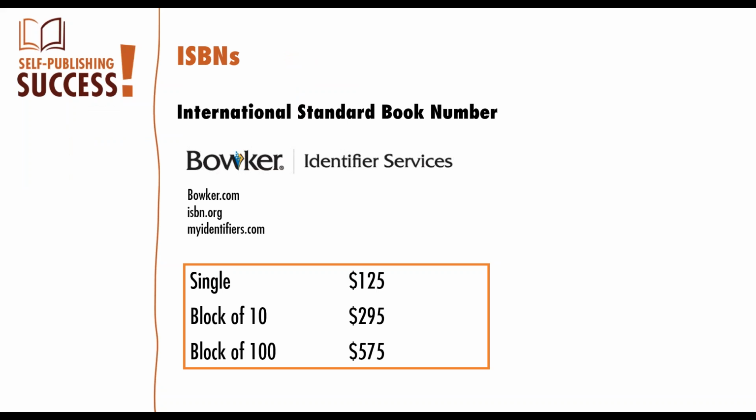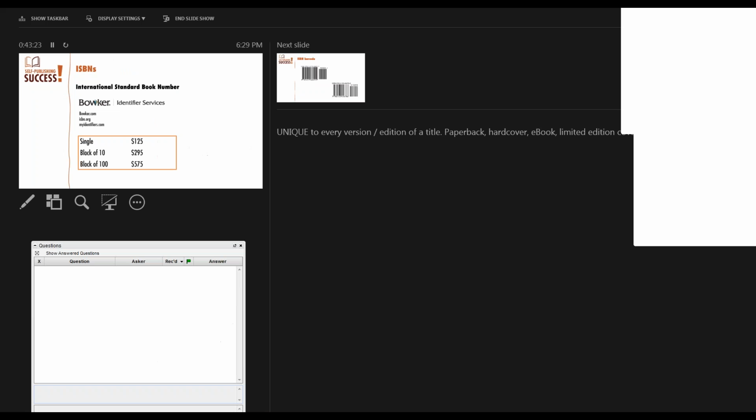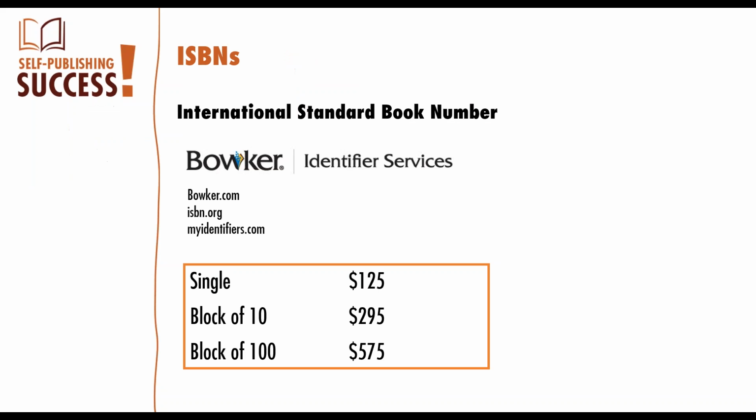There are some sketchy places that will go and buy thousands of ISBNs up front and then resell them for like $5 or $10 to unsuspecting authors. The problem is those ISBN numbers are registered to their business name. So if you take that ISBN and go to like CreateSpace or Ingram Spark and put that ISBN there, they're going to reject it because it doesn't come back to being owned by you. It belongs to another publishing company.